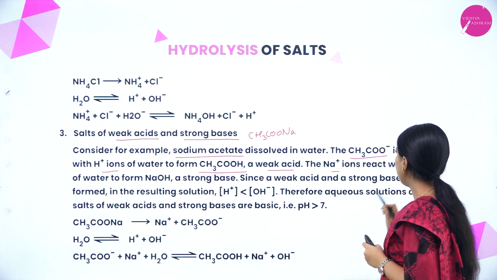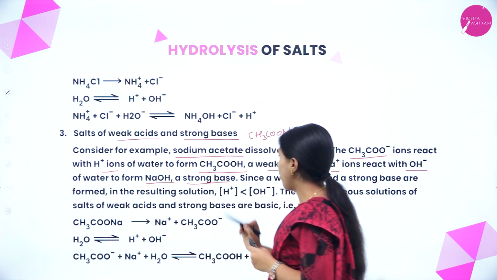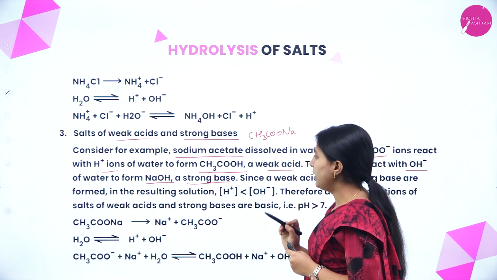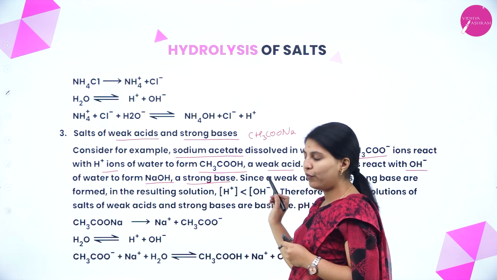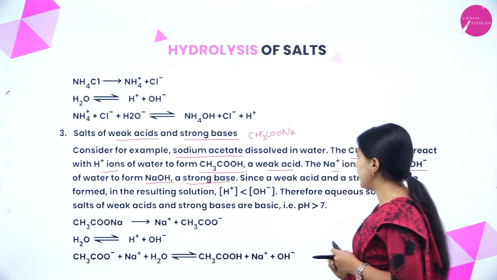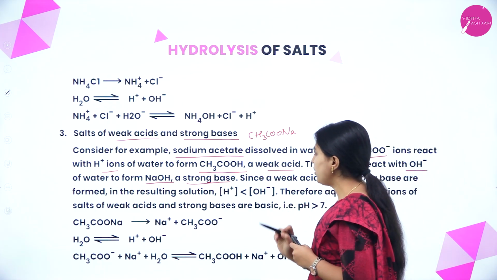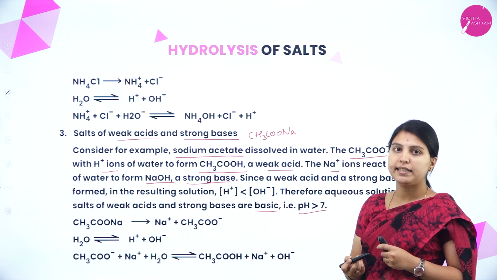Na+ ions react with OH- to form NaOH, which is a strong base. Since a weak acid and a strong base are formed in the resulting solution, the concentration of base will be more than the concentration of acid. Therefore, aqueous solutions of salts of weak acids and strong bases are basic. Therefore, pH will be greater than 7.